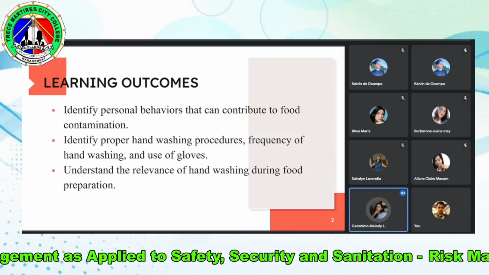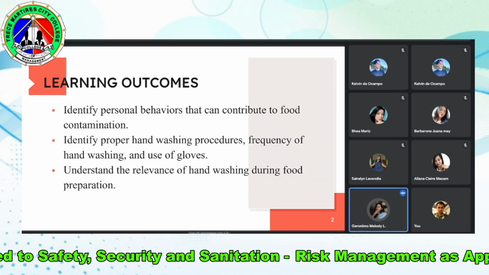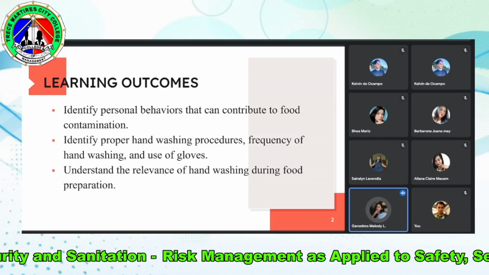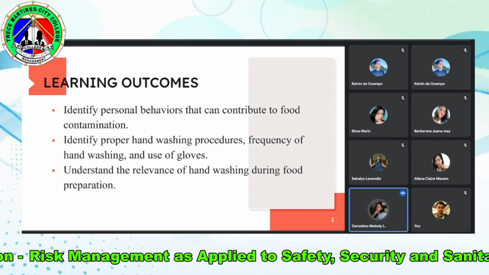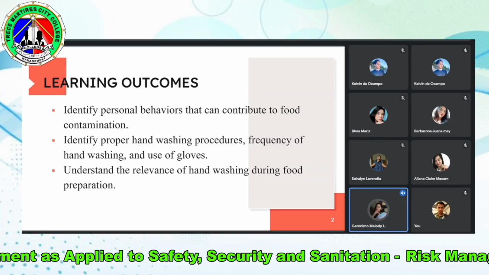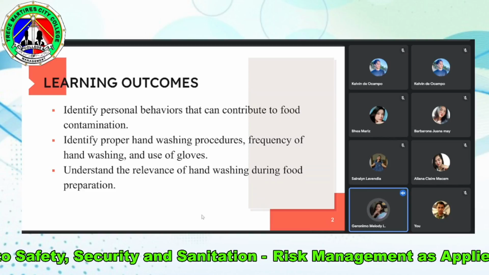So here are the learning outcomes. First, we will identify personal behaviors that can contribute to food contamination. Malalaman po natin kung ano-ano nga ba ang mga nakakaapekto sa pagkakaroon ng food contamination. And next, we will identify proper hand washing procedures, frequency of hand washing, and use of gloves.